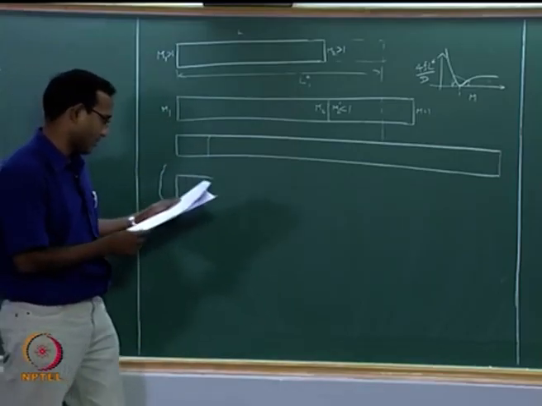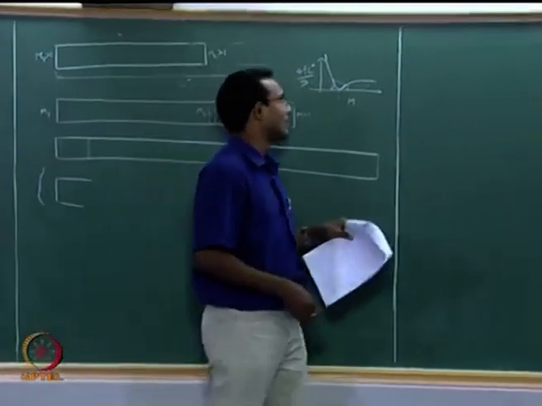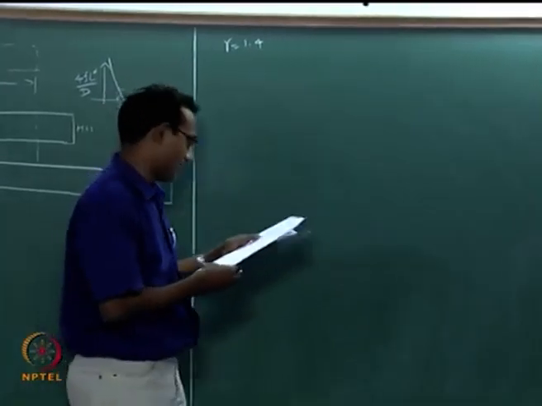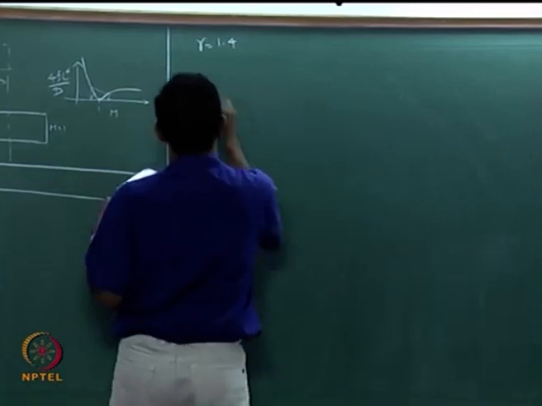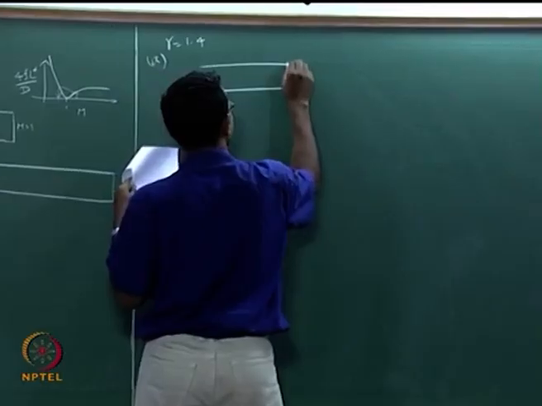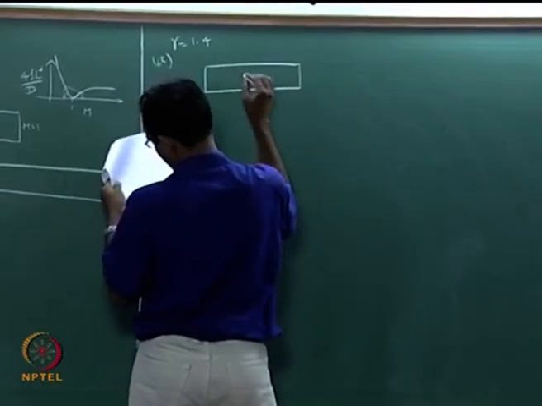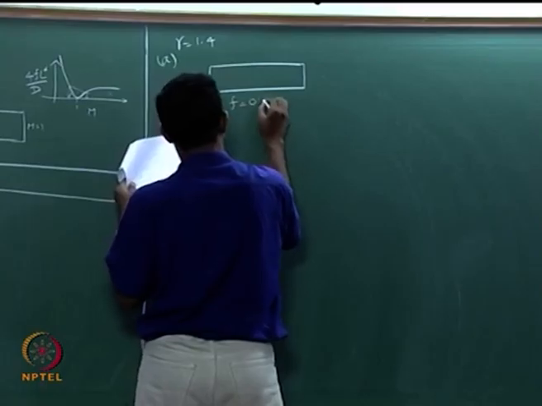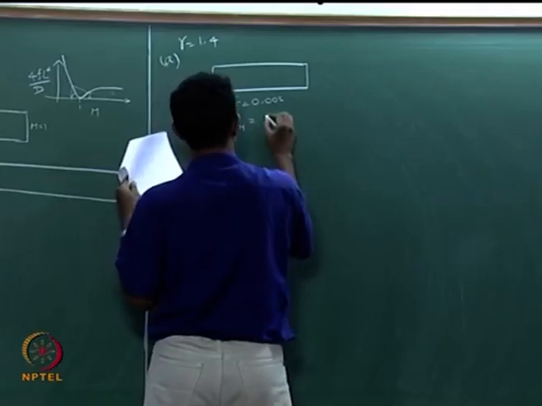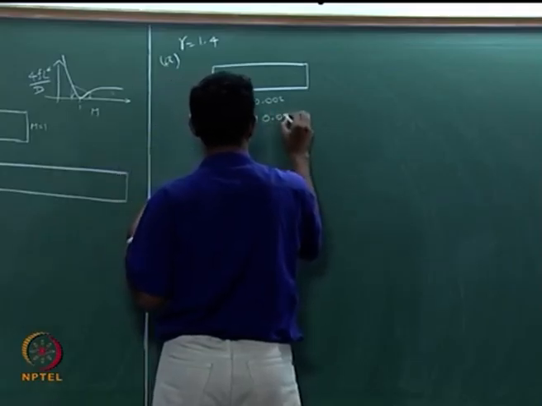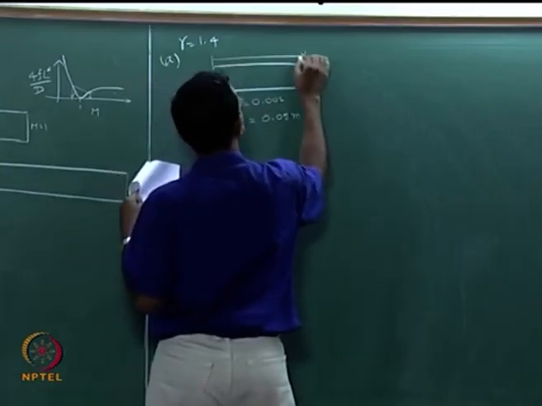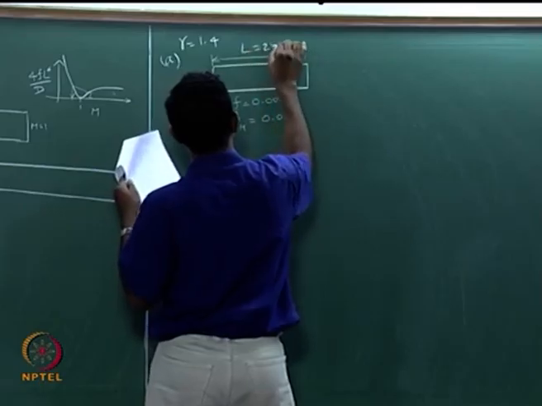Now we will pick a numerical example. I will deal with only gamma equal to 1.4. Typically air is what I am considering as my fluid, and I am having a simple case. I will consider this as problem A, where I am having a duct with f equal to 0.002, hydraulic diameter given to be 5 centimeters, 0.05 meters, and L is given to be 2 meters.